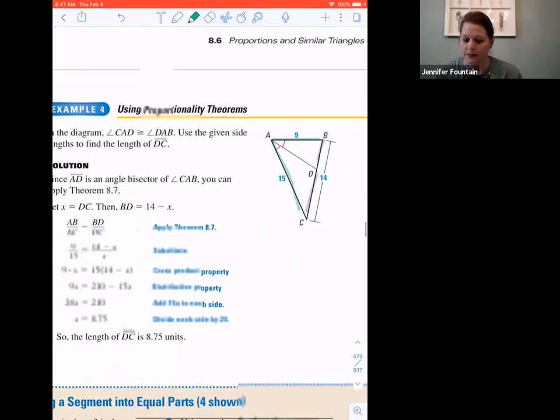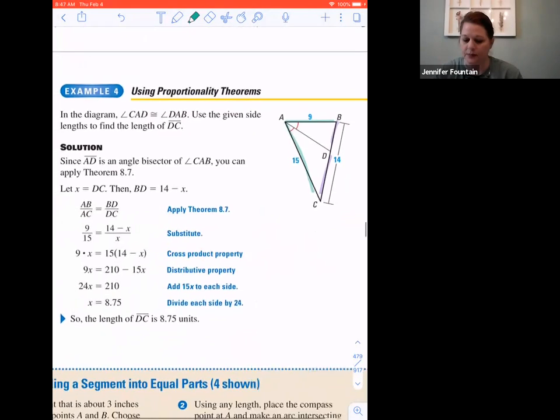All right, so we just said we have angle CAD is congruent to angle DAB. Use the given side lengths to find the length of DC. So we're trying to find DC. Now notice that it tells me that AB is 9, AC is 15, but I can see my entire segment, B to C, is 14.